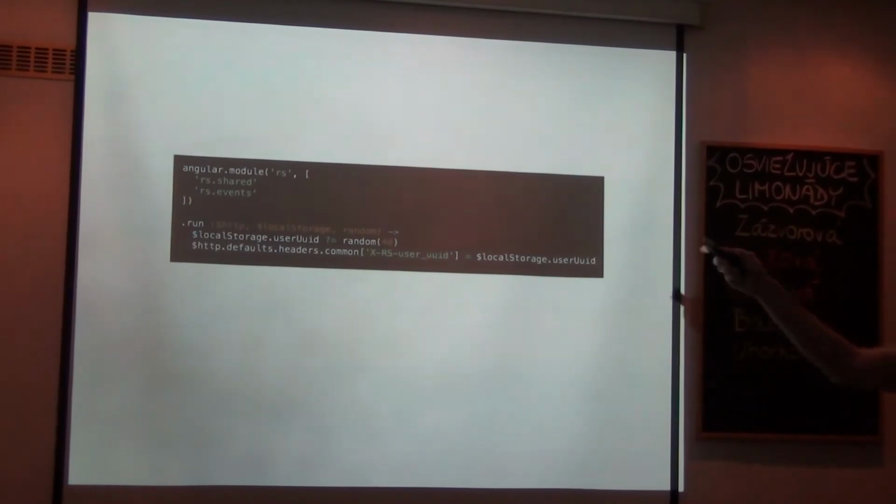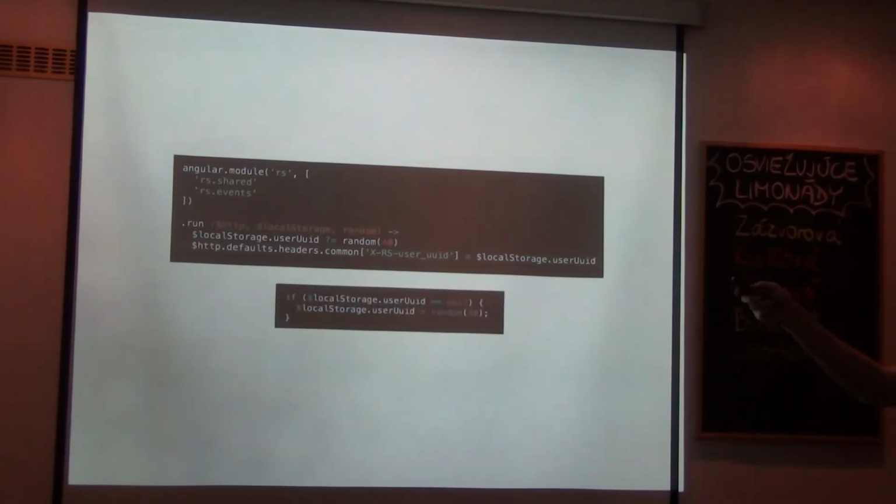That is the question mark operator. Ruby has it, but if you are coming from languages like PHP, JavaScript, you may not know it. But this is what it gets translated to in JavaScript. If local storage user UUID is nothing, do the thing, assign the random. So this is the first row.